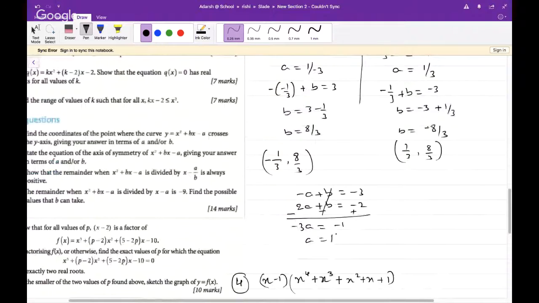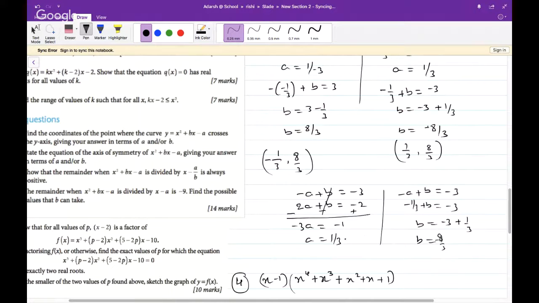So a is equal to 1 by 3. So now you have minus a plus b, minus 1 by 3 plus b is equal to minus 3. b is equal to minus 3 plus 1 by 3. You get the same answer, 8 by 3.